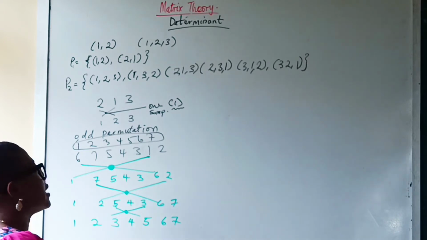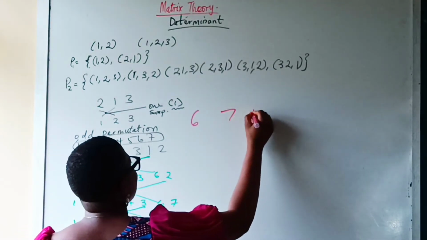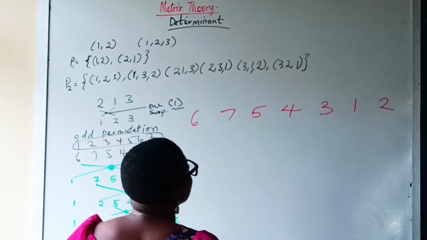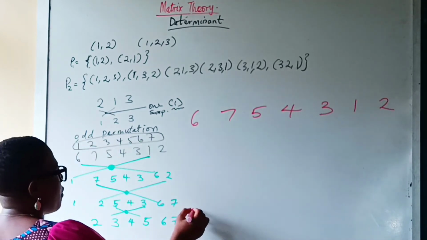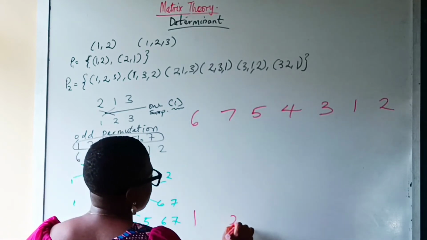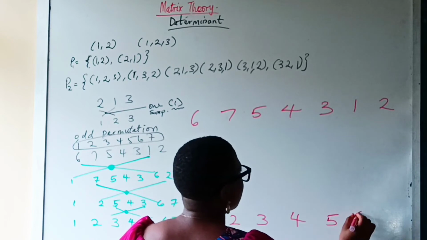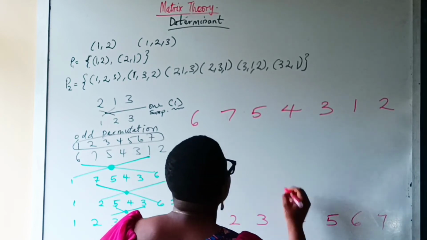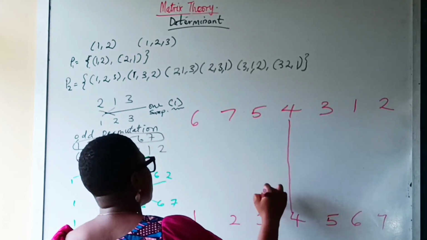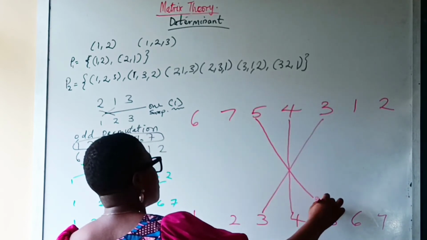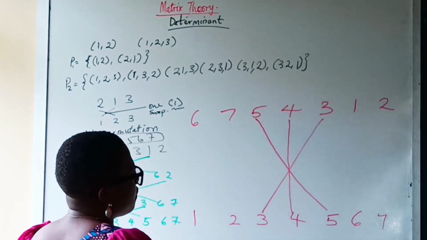Now, another person can do this differently. Take 7, 5, 4, 3, 1, 2 and put it directly under 1, 2, 3, 4, 5, 6, 7. 4 goes to its place, 3 goes to its place, 5 goes to its place. They're getting there.